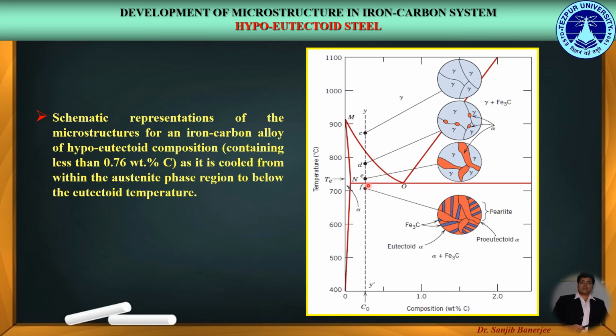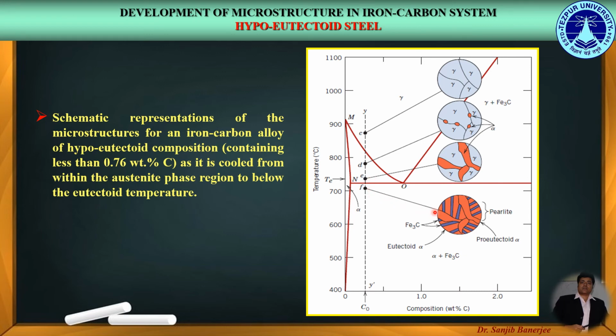Just before crossing the eutectoid temperature, the austenite which remained in the microstructure has the eutectoid composition, and while crossing the eutectoid temperature it will immediately undergo the eutectoid reaction. That is, this austenite will transform into pearlite.